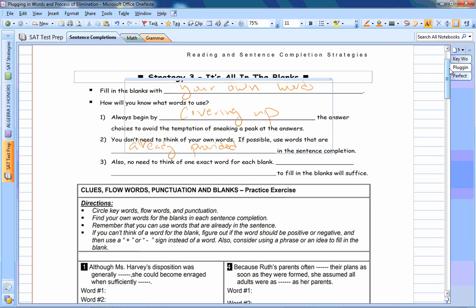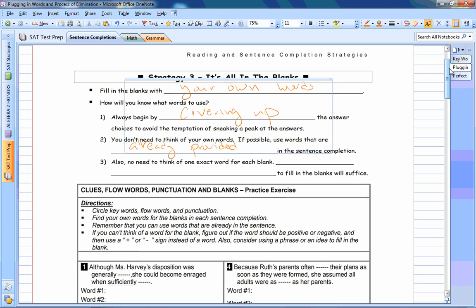Also, no need to think of one exact word for each blank. I remember doing test prep a long time ago, and I had an instructor who always would force me to think of one word, and that was hard because my vocab was very weak. I hate to impose it on my students because I didn't like it. So if I don't like it, why should I do it to anyone else who's trying to do test prep? What I think is a good idea is to think of a phrase or idea if you can't think of one word.